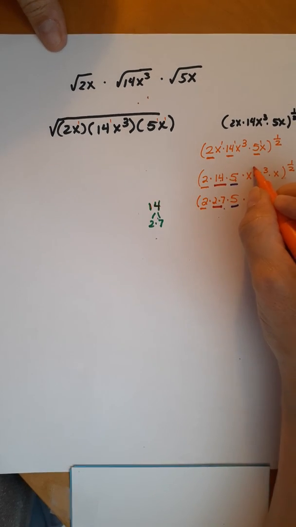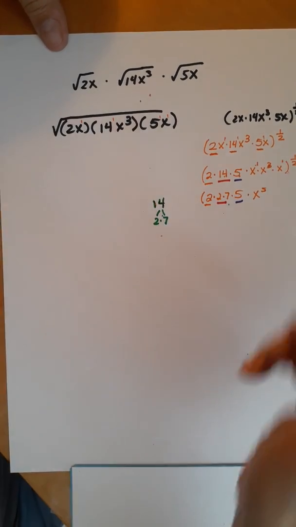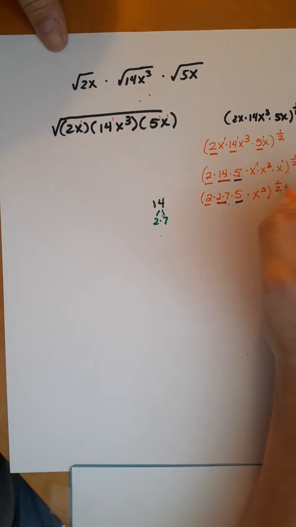Times x, 1, 1, 1, 2, 3, 4, 5, x to the 5th, all to the 1/2 power.